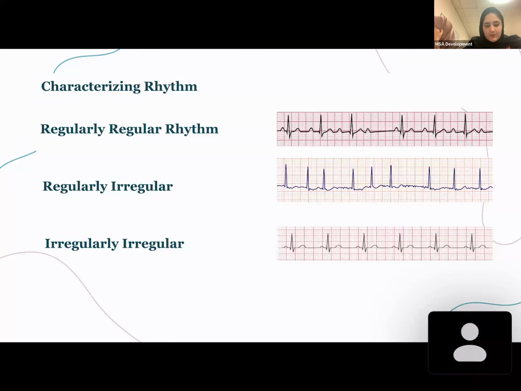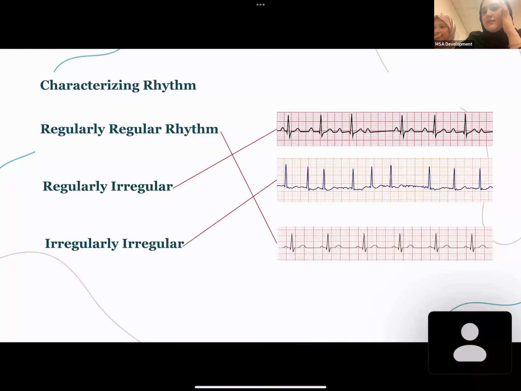Oh wait, is this during rest? The normal one? Yeah, it's during rest. So basically, the regular rhythm is the normal sinus rhythm, which is the rhythm that we all have because inshallah we're all healthy people.